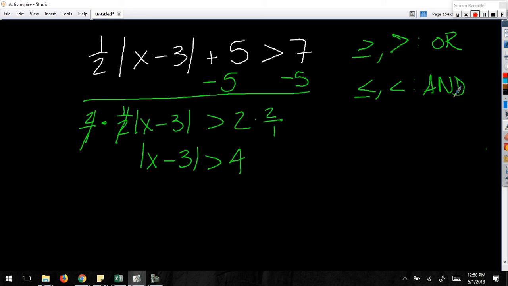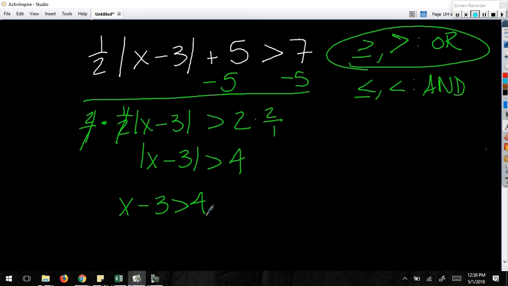So this one clearly falls under the or category, so I want to set that up. So I'm going to do my 2 separate. One, I'm going to write just as it is. And then I want to do or, and I want to write it, but I want to flip the inequality sign and flip the sign of the number. And now I'm all set to solve.